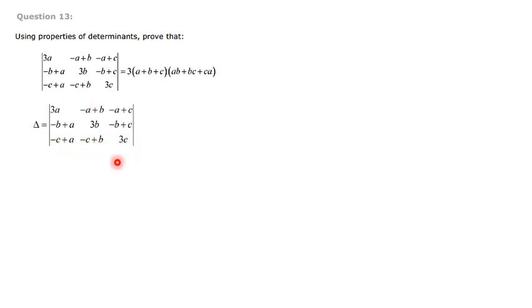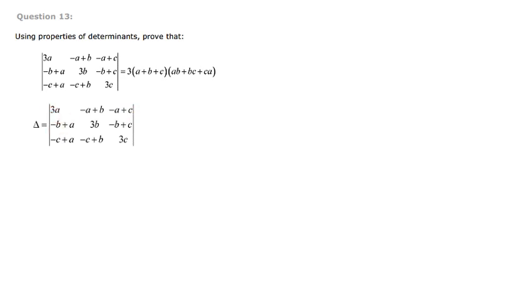Here when you observe this given determinant, we consider the operation C1 changes to C1 plus C2 plus C3, means if we add C1, C2, C3, let's check it: 3a minus a, that is 2a, 2a minus a is a, plus b plus c, the first term.